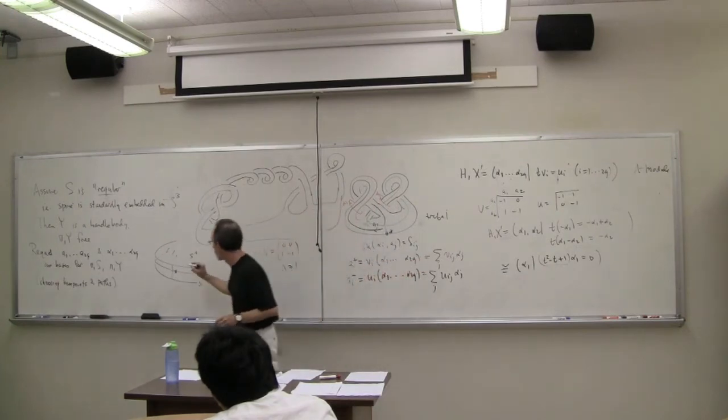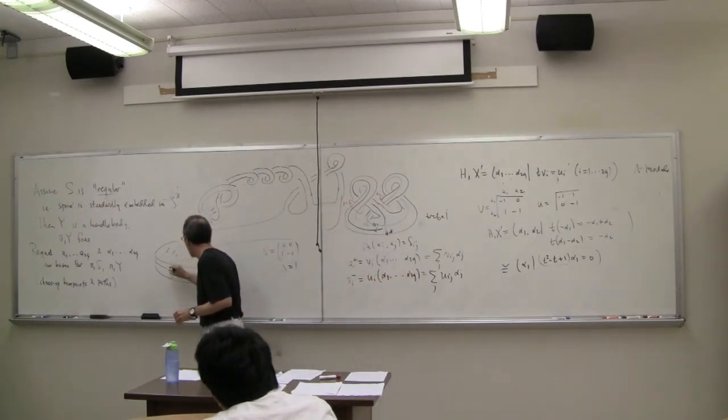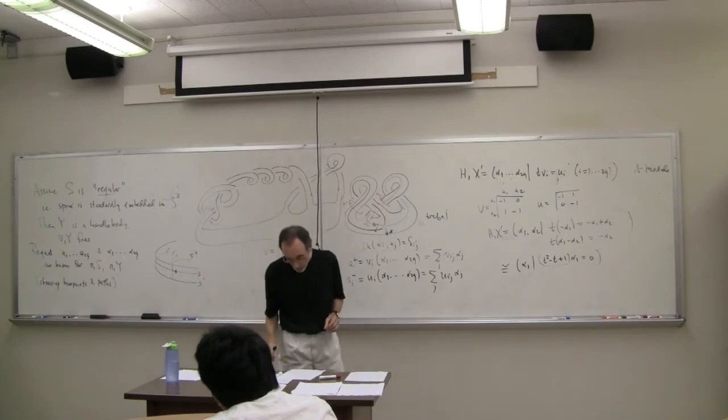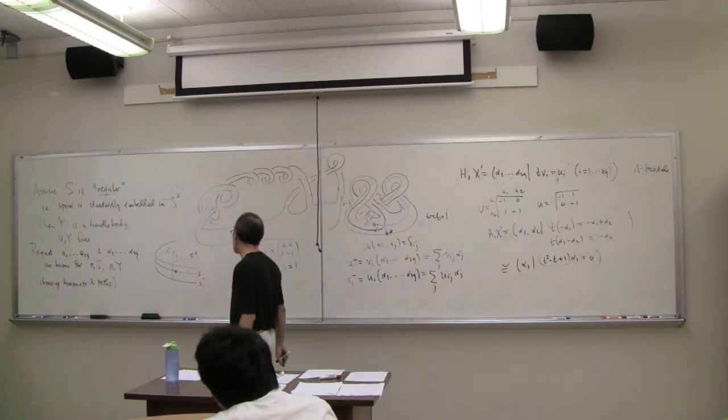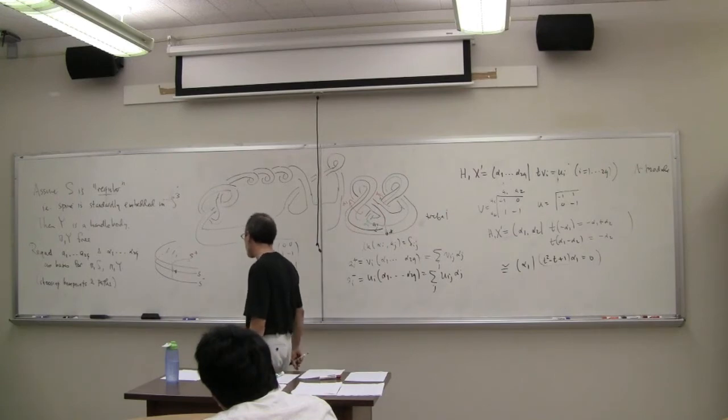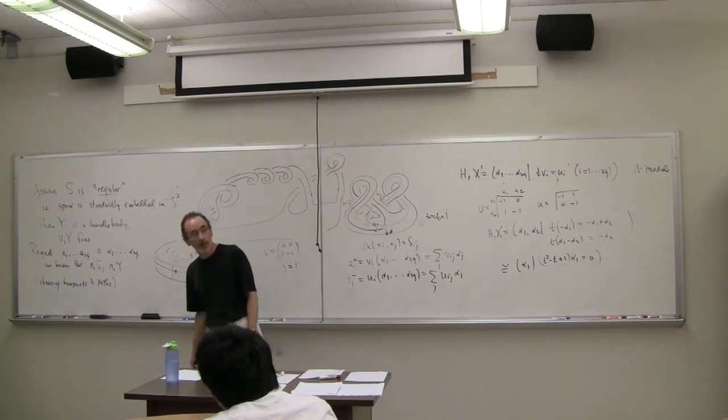Okay, so now we've got curves along here, so at each one. And which would be the base point of Y? That's the one in S plus. Yeah, you've got to make that choice, but I would use the one that has plus.